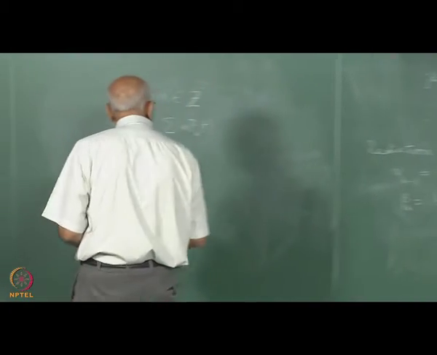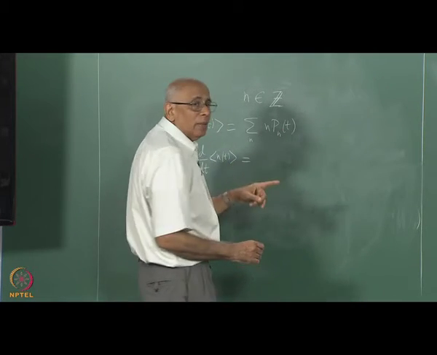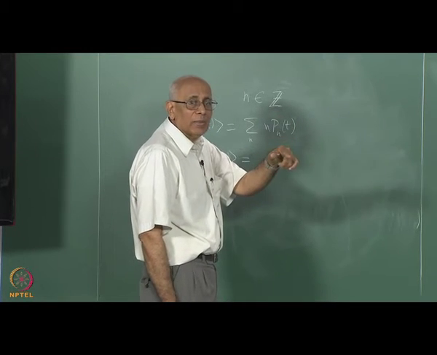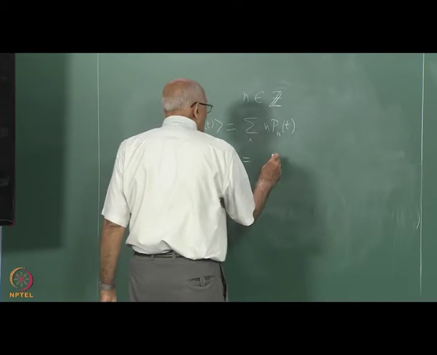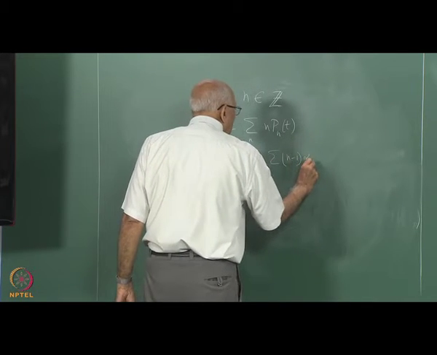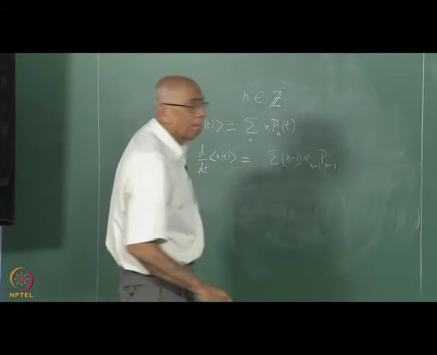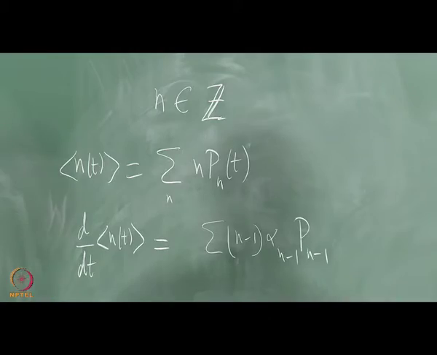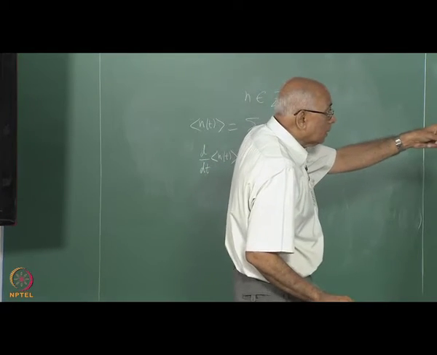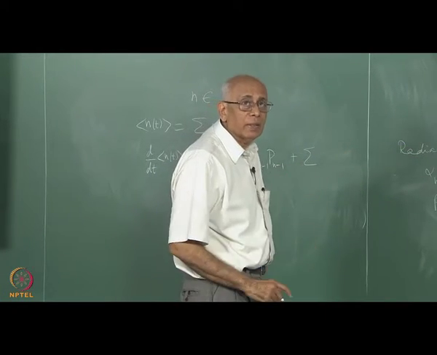Then the first term gives me an n, but I make it an n minus 1, and remember to add that one later on. So, it is going to be a summation of n minus 1 alpha n minus 1 p n minus 1 plus summation. Now, in this term here I multiply by n, so I make it n plus 1 and subtract the 1 later on.